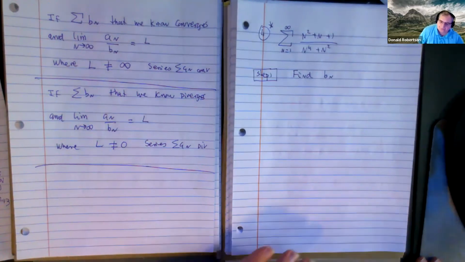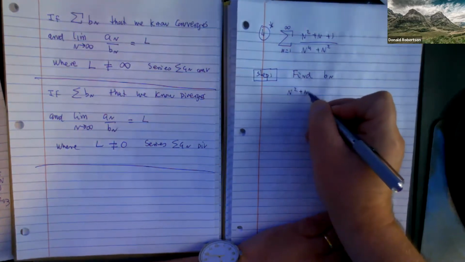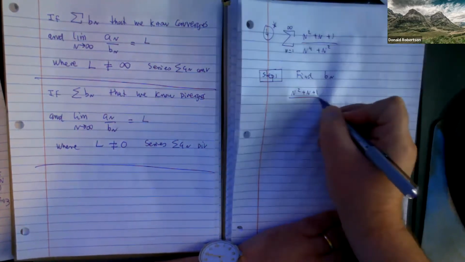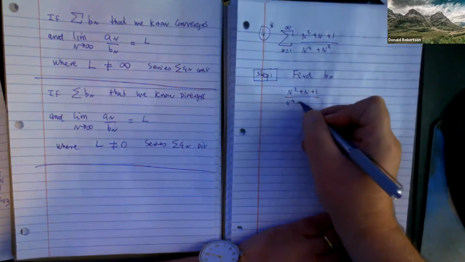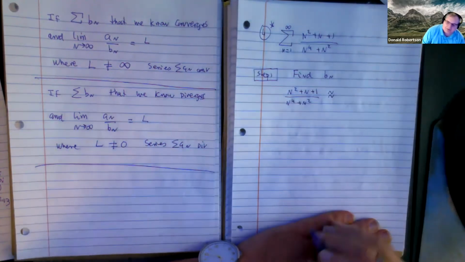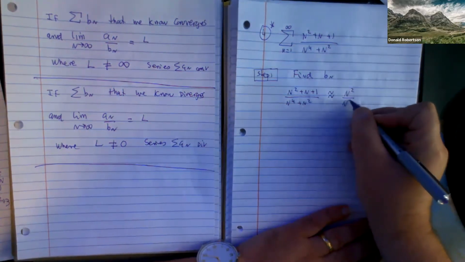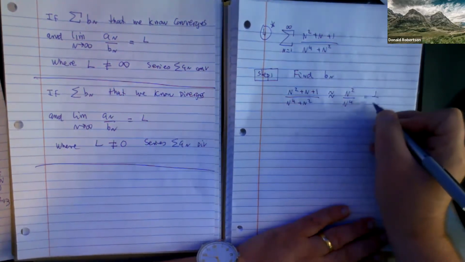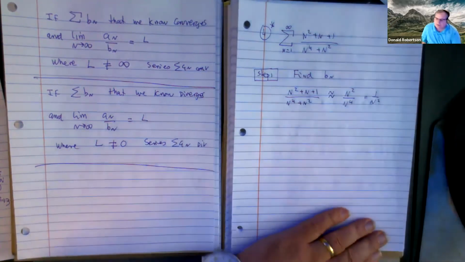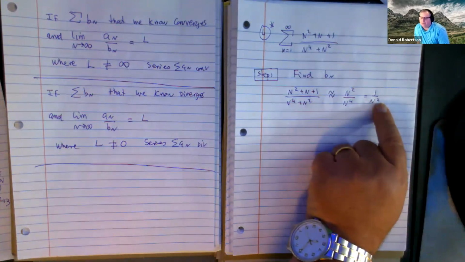Find Bn. Okay, let's see how that works. N squared plus n plus 1 over n to the 4 plus n squared. It behaves like n squared over n to the 4, which is 1 over n squared. Okay, I found my sigma Bn. It's sigma 1 over n squared.